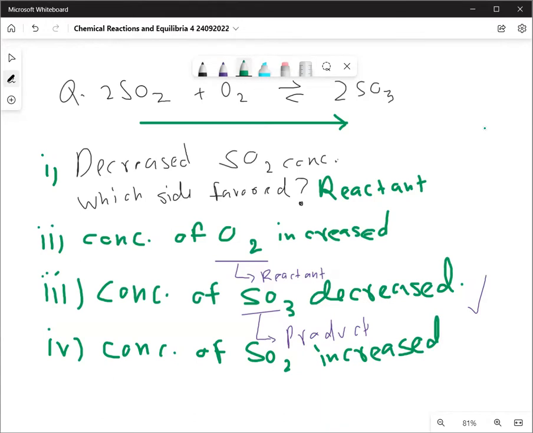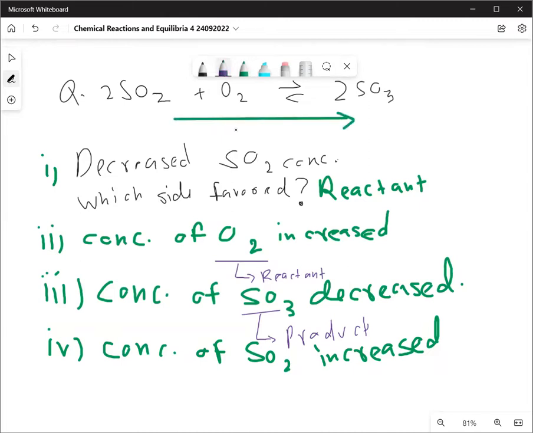It will favor the reactant side. Wrong answer. Zahra, you try. Increasing reactant favors yield of product side. So is the reaction going forward or backward?